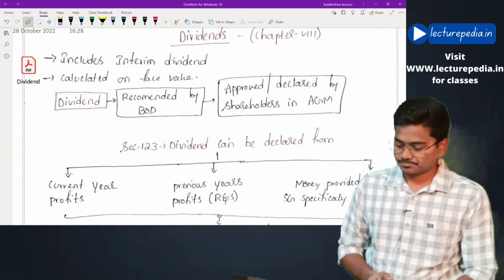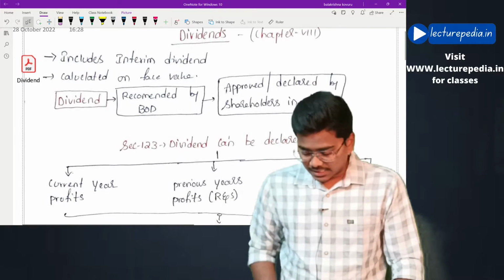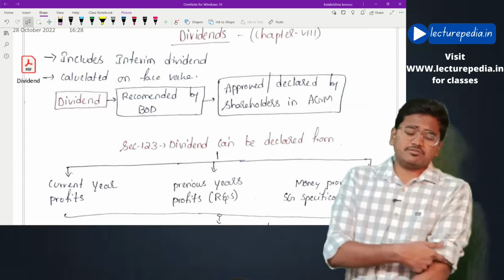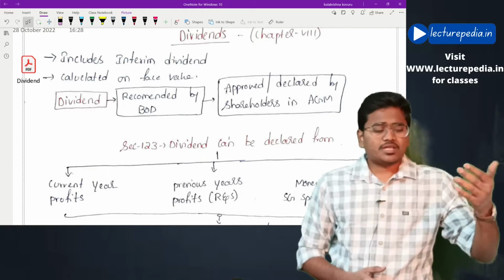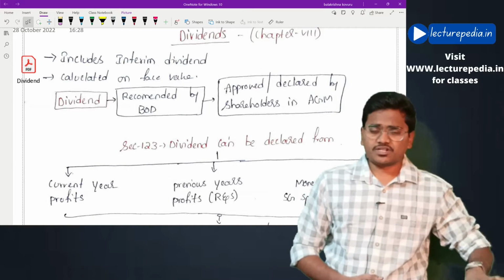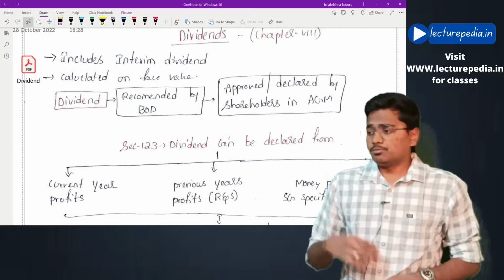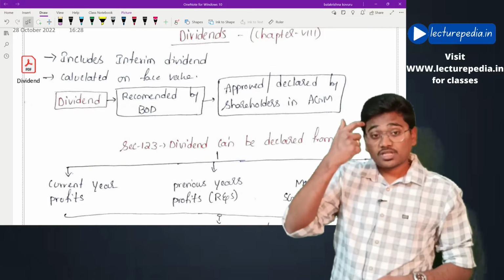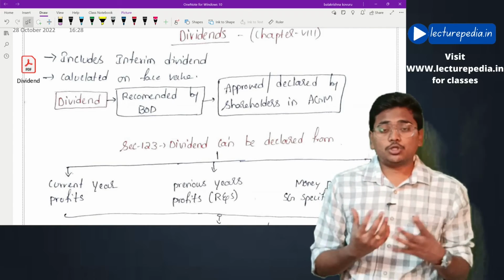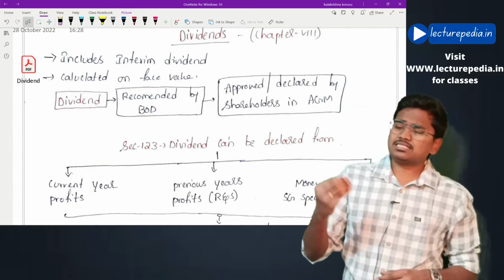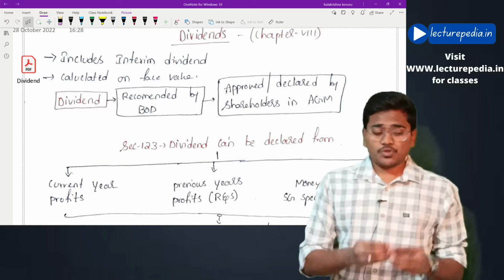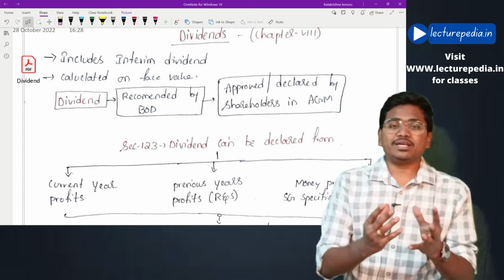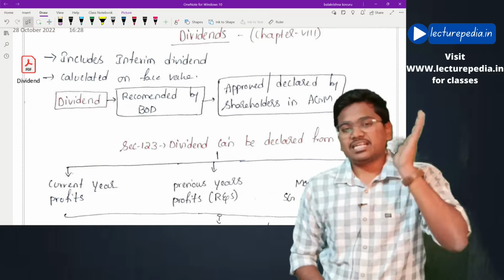Hope this is clear. Now, how will this dividend be declared? Generally, let's say the company has earned profit for the current year, and the board of directors feels that this year we are having huge amounts of profit. Let us give some dividend to the shareholders. So what they will do is, the board of directors in the board meeting will recommend the dividend.